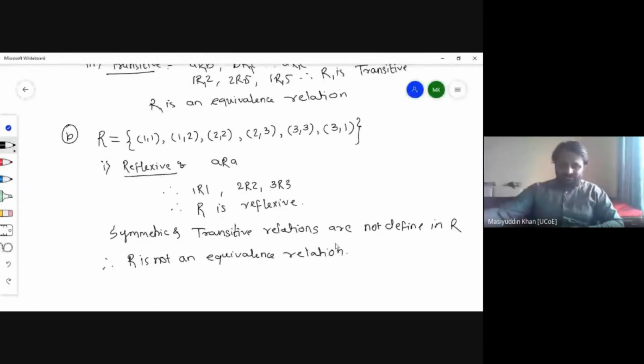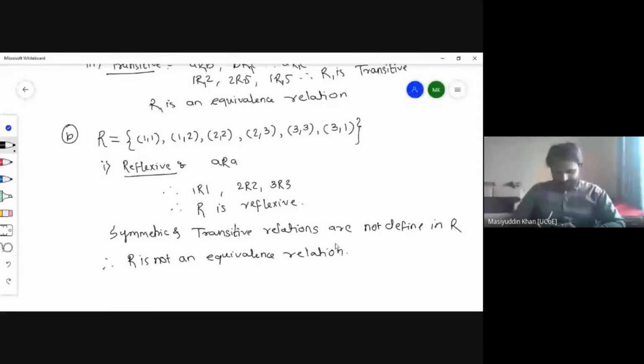So hope you understand. If the diagram is given, if the digraph is given, then you can simplify it in a relation form, and after the relation form you can define whether it is an equivalence relation, symmetric, or what.